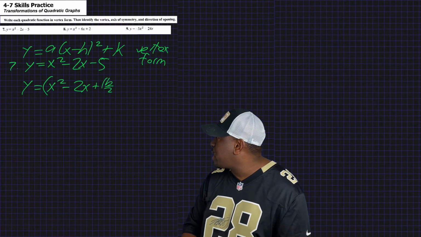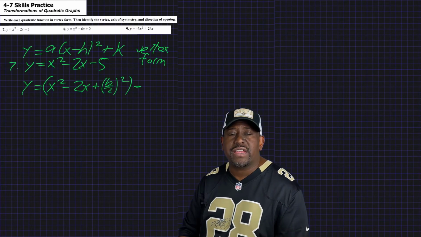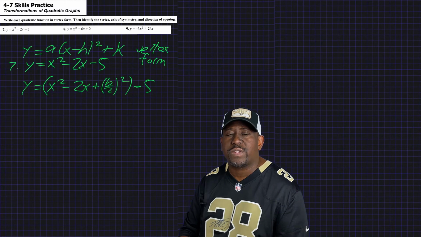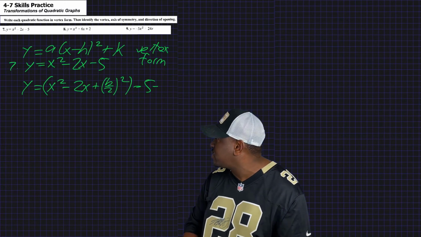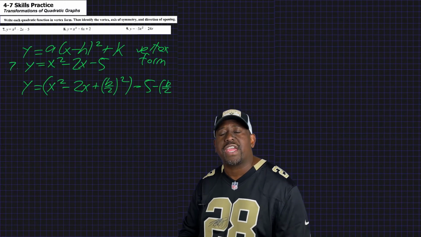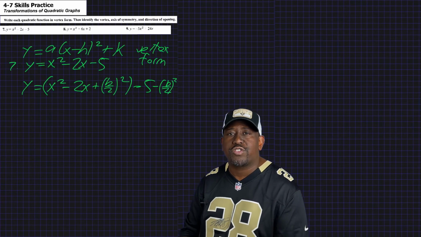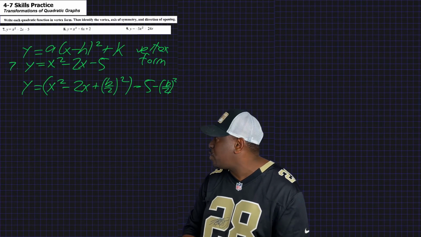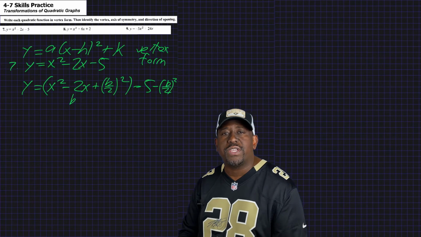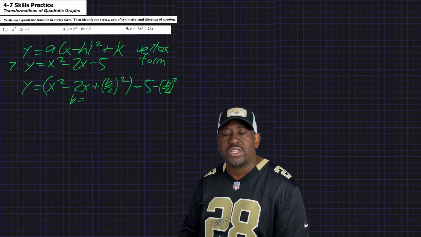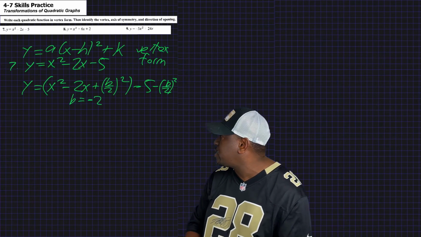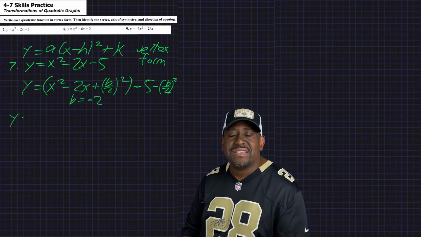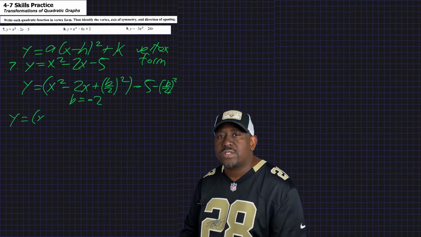So we separate the negative 5. We take the two terms, x squared plus bx, which in this case is negative 2x, and we must create a perfect square trinomial so we can get a perfect square. That third term will be in the form of b over 2 squared, as we learned in the concept of completing the square. So we add that to the two terms.